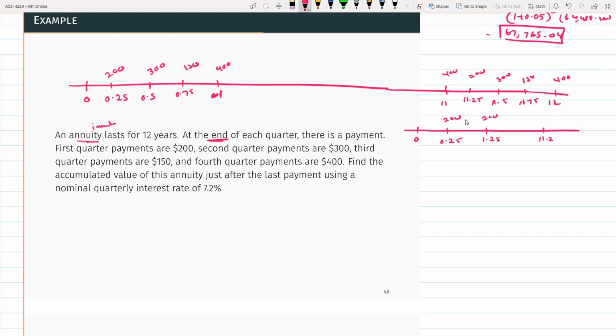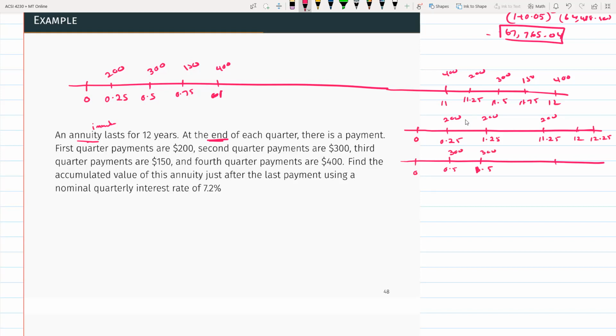Then here 11.25, 200. And then here is 12 and 12.25. Then the other one is the 300 one. 1.5.